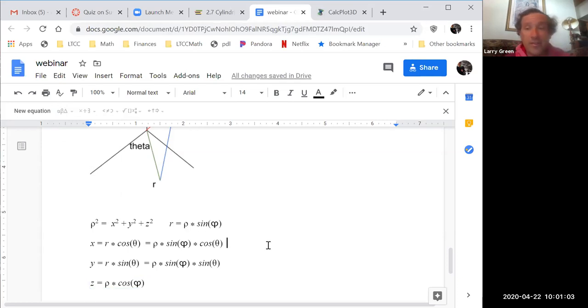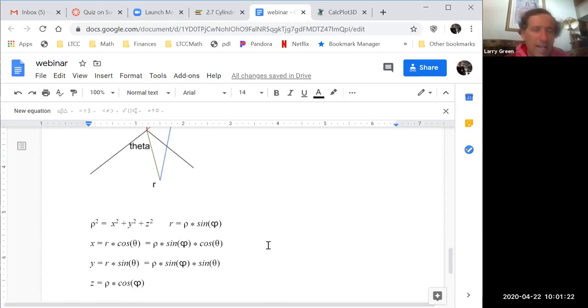And there's our big equations. Any questions on this? So again, x equals rho sine phi cosine theta, y equals rho sine phi sine theta, and z equals rho cosine phi. Those are kind of the big equations.